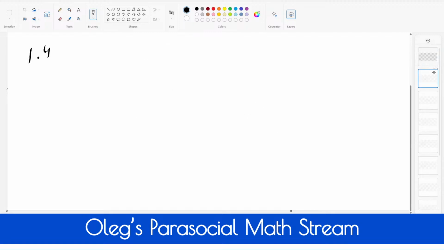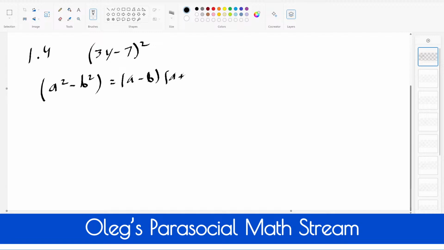All right, and now we have expand: 3y minus 7 squared. And this is of the form a squared minus b squared, which is equivalent to a minus b times a plus b.